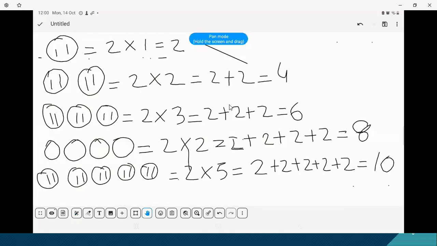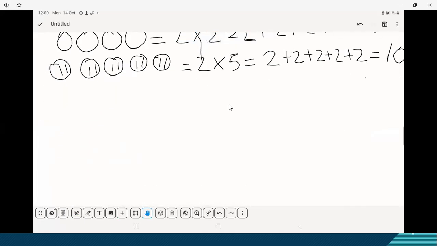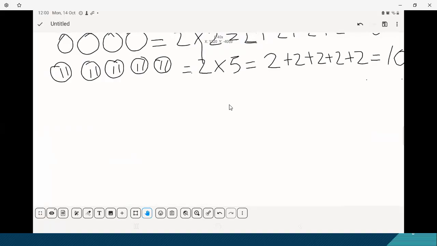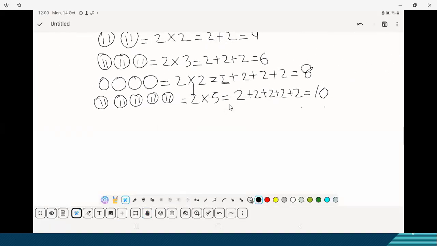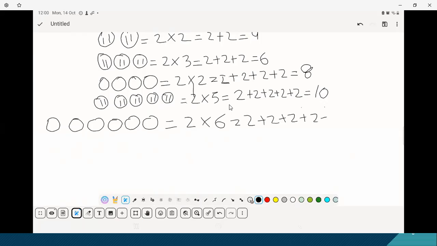And then similarly, we further multiply, so that will be addition of 2, 6 times, that will be 12. And similarly, we will see in the slide.